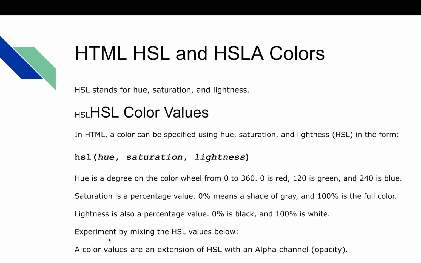So experiment by mixing the HSL values below. The HSLA color values are an extension of HSL with an alpha, just like RGBA has an alpha to give it an opacity. So that's that.